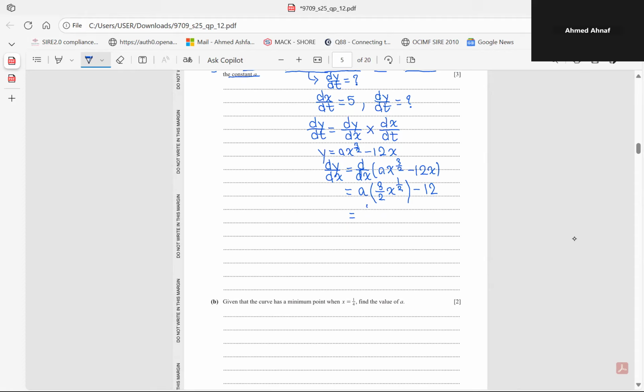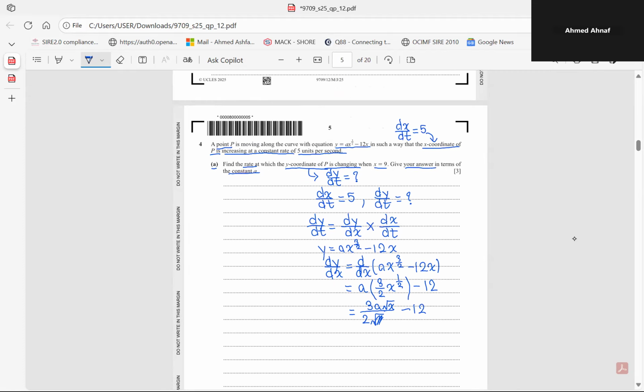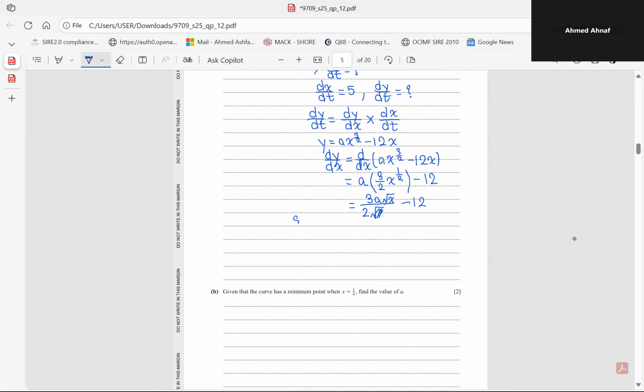Let's rewrite: 3 over 2 times k times square root of x minus 12. Okay, and now we're going to substitute x equals 9.